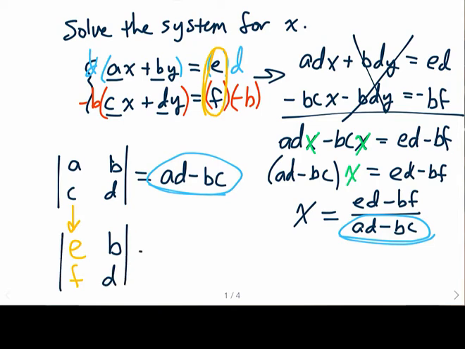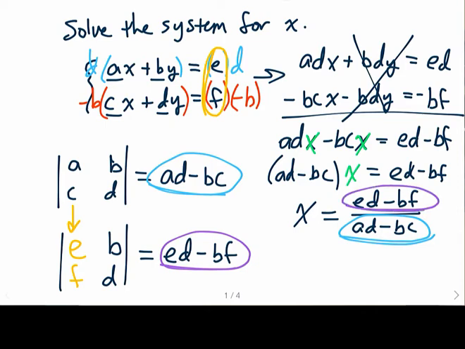And if I computed that determinant, again using crisscross applesauce, I'd end up with ed minus bf. That is showing up in the numerator of our expression for x. What this gives us is a way of solving for x.